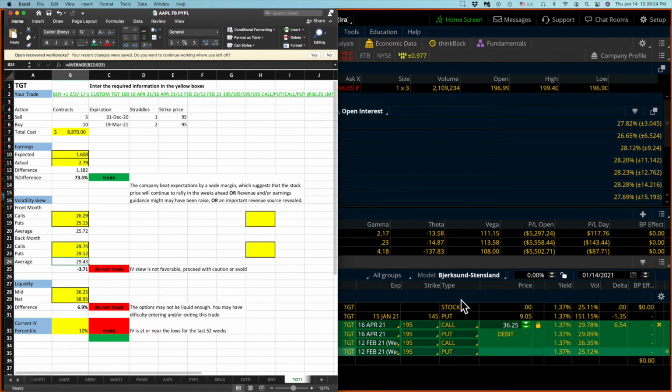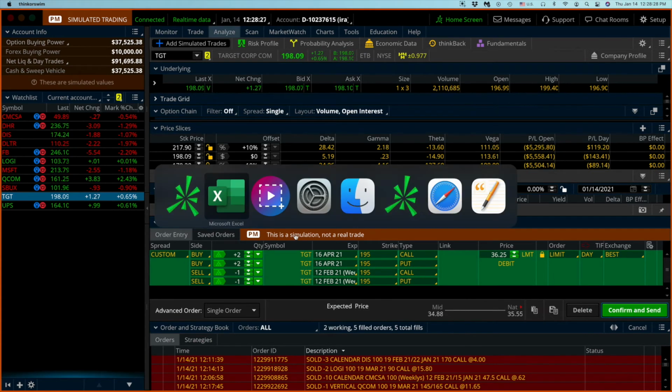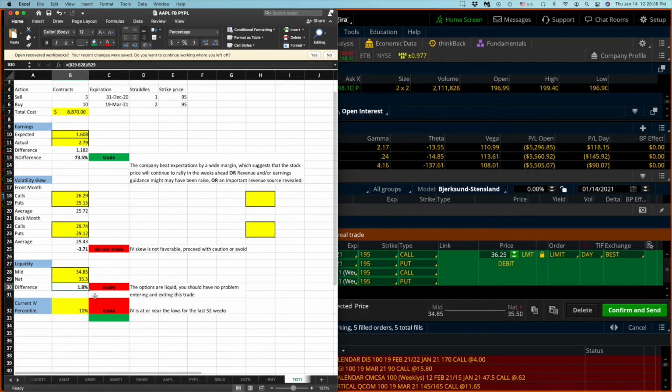And then the liquidity, create duplicate. And we have 34.85 versus 35.5. And then it says trade. Good, so it's liquid enough. The only thing we need to clear is the current IV percentile.